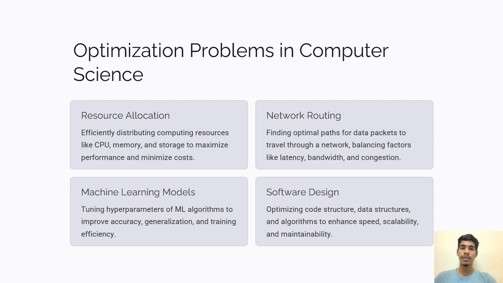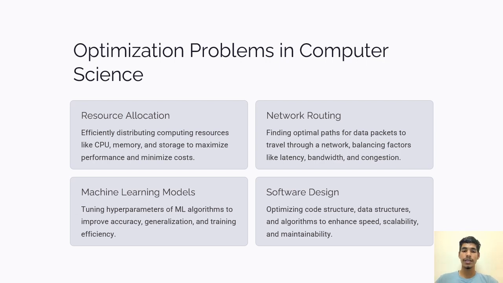There are 4 points mentioned in optimization problems in computer science. Efficient resource allocation: efficiently distributing computing resources like CPU, memory, and storage to maximize performance and minimize cost. Then network routing: finding optimal paths for data packets to travel through a network, balancing factors like latency, bandwidth, and congestion. And machine learning models: using hyperparameter tuning methods of machine learning algorithms to improve accuracy, generalization, and training efficiency.